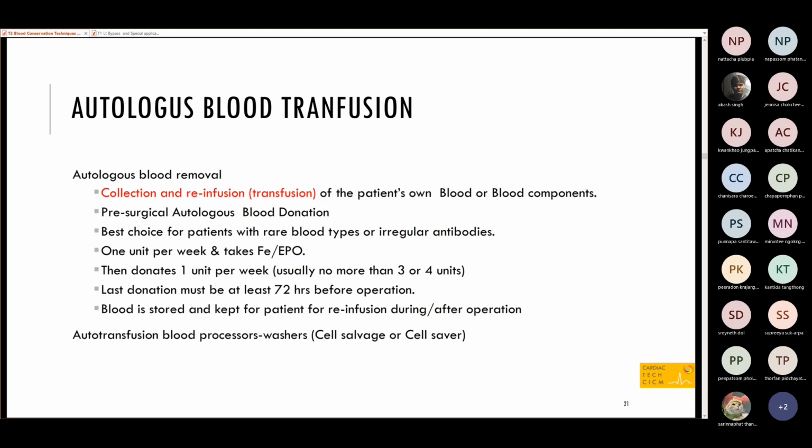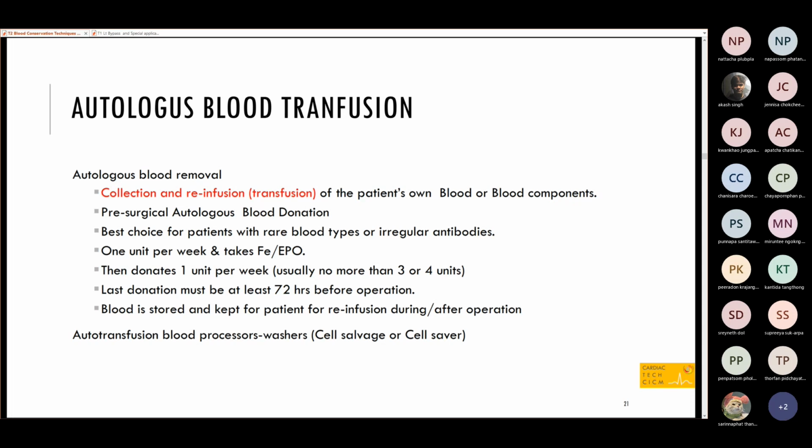So how? It might be collected before the operation, on the day before the operating day. That is pre-surgical autologous blood donation, which means the patient goes to the blood bank, lets the blood out, it is collected into a bag, and saved for him or her to use on the surgical day.